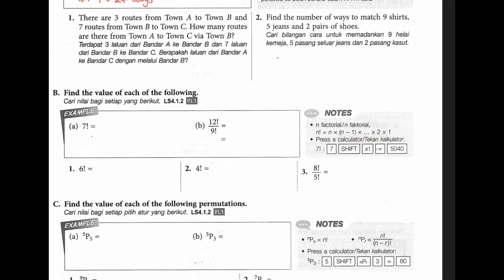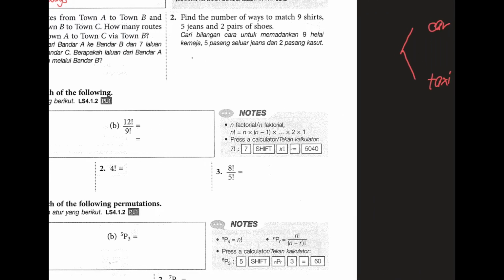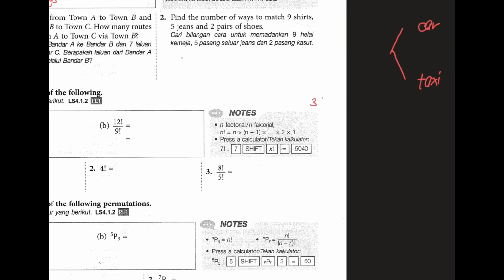For example, 3 factorial is 3 times 2 times 1. 4 factorial is 4 times 3 times 2 times 1, 24. So that is the idea of factorial. You keep multiplying the integers until 1.